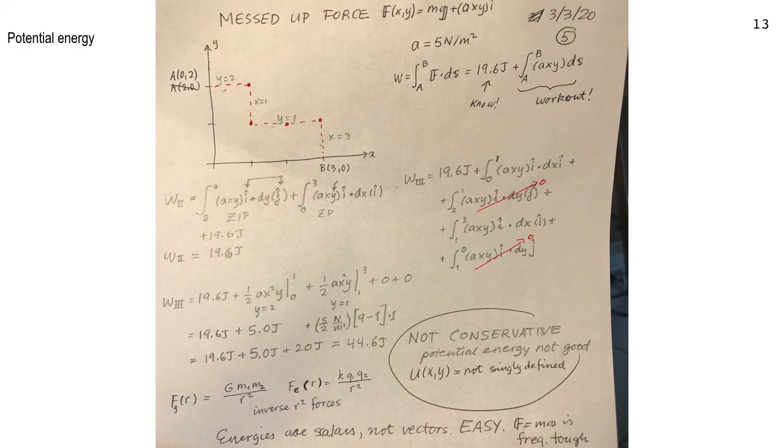So what we're going to do is F of xy equals mg plus axy times i hat. Okay, and a, let's call that equal to 5 newtons per square meter.